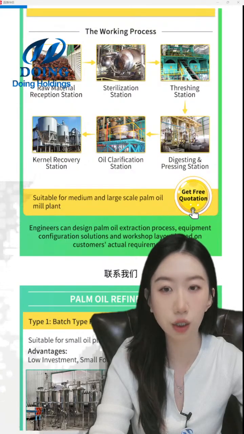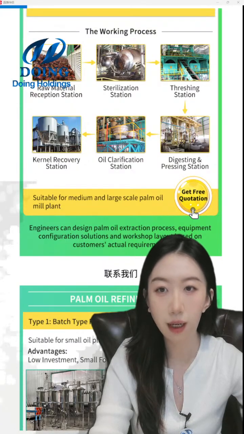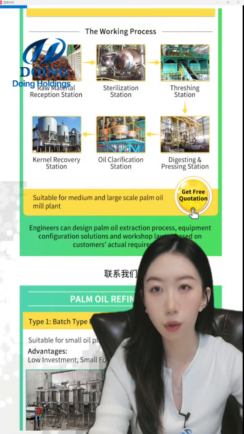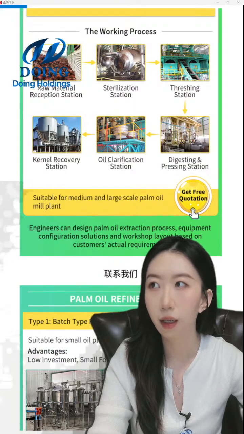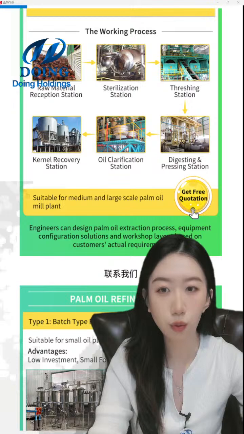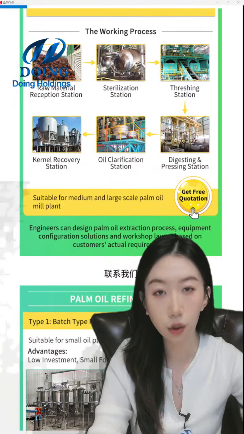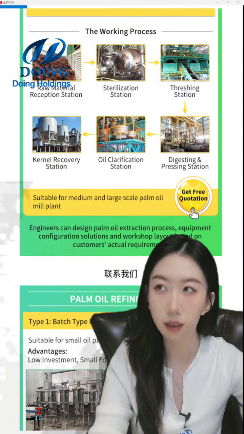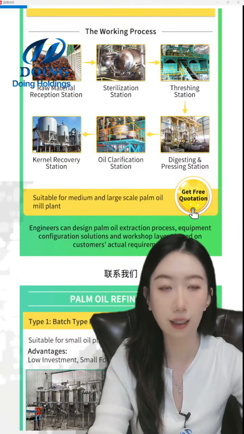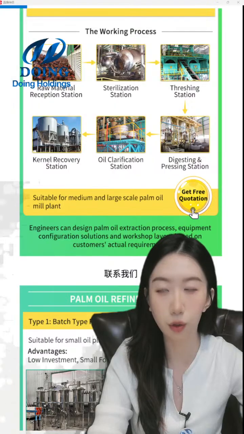In this station, the fiber and palm kernel nuts will be separated, and the shell and kernel will also be separated. We can get pure palm kernel.